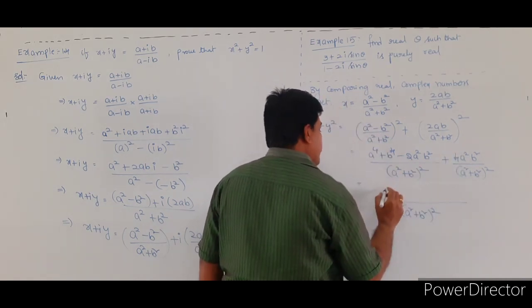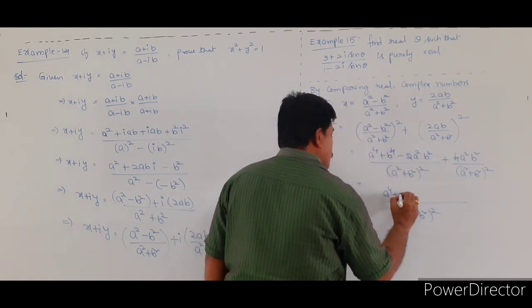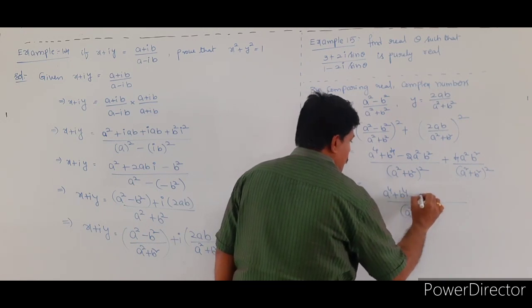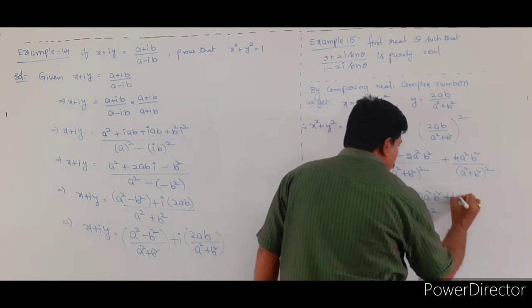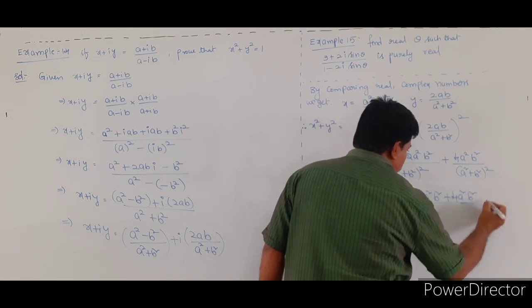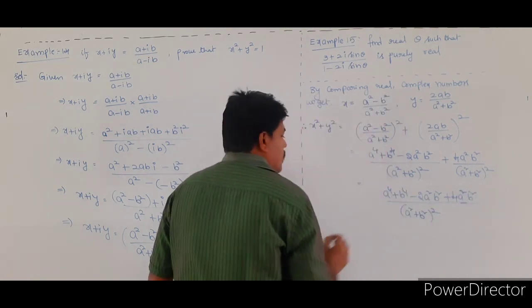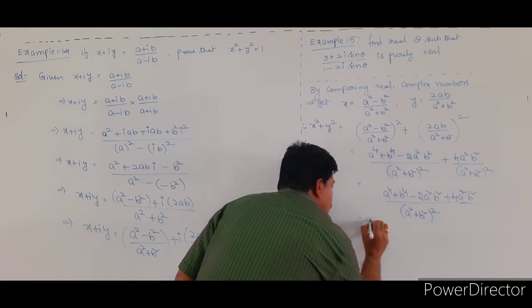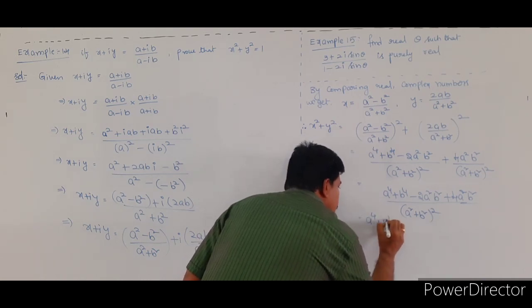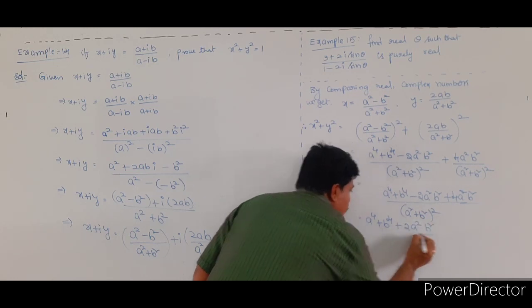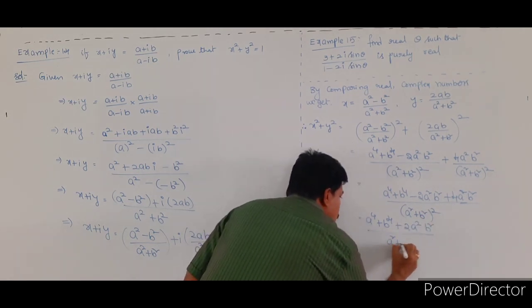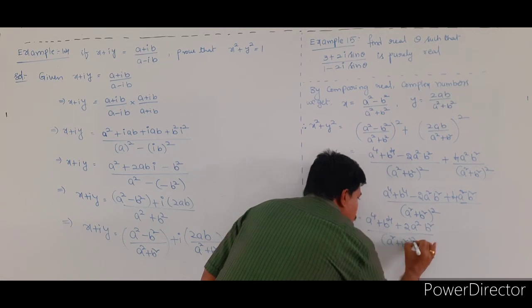In the numerator you can take a power 4 plus b power 4 minus 2a square b square plus 4a square b square. So the numerator will become a power 4 plus b power 4 plus 2a square b square by a square plus b square whole square.